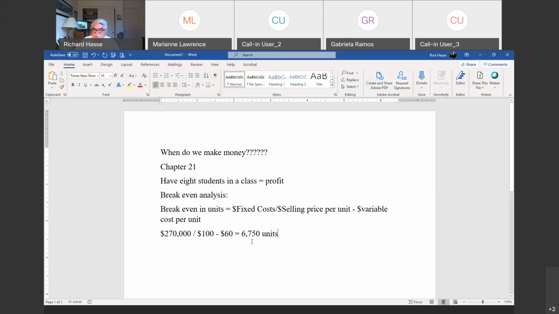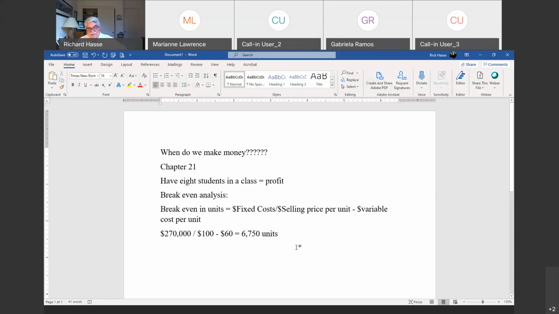So if we sell 6,751 units, we make 40 bucks. We sell 6,752 units, we make 80 bucks, and so on. But once we hit 6,750 units, we have the fixed costs covered, and we're beginning to make a profit.